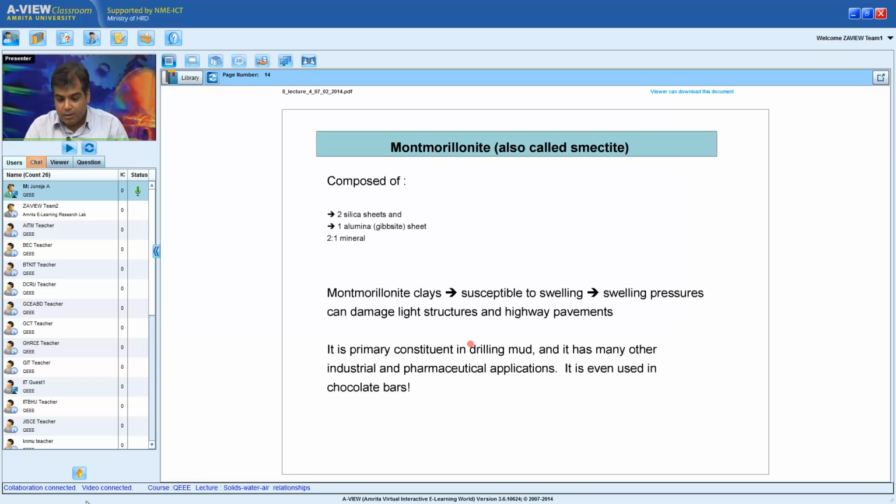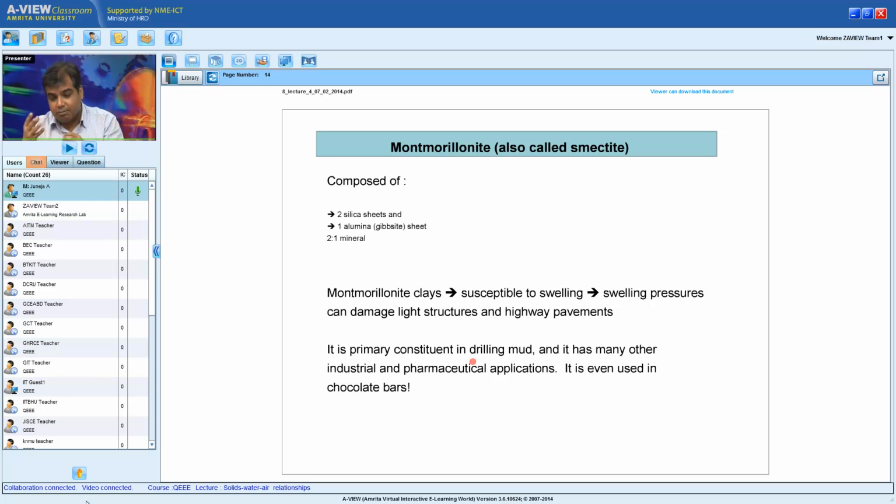The next one, we've just said this. It's used in chocolate bars. Another example of usage of montmorillonite is the drilling mud. If you happen to do a site investigation, and your boreholes are in soils which are easy to collapse, and you don't want to use casing pipe to stabilize the borehole, sometimes this clay, montmorillonite clay, which we also call bentonite, is the same thing.